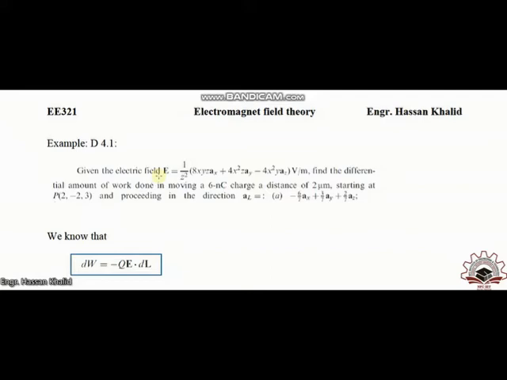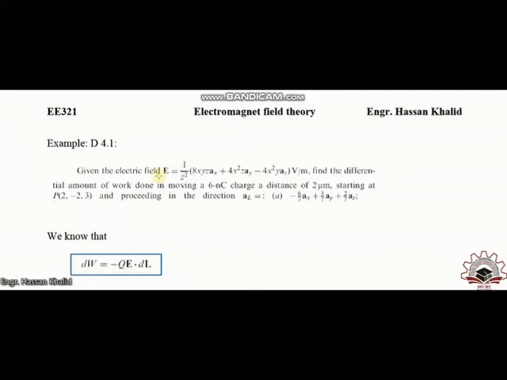You need to find the differential amount of work done in moving a 6 nanocoulomb charge a distance of 2 micrometers, starting at the point (2, -2, 3), the coordinates of the initial point, and proceeding in the direction of the unit vector aL, specified as -6/7 in the direction of x, plus 3/7 in the direction of y, plus 2/7 in the direction of z.